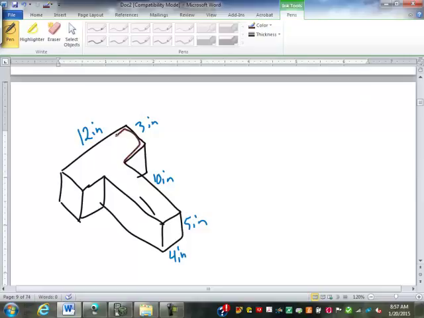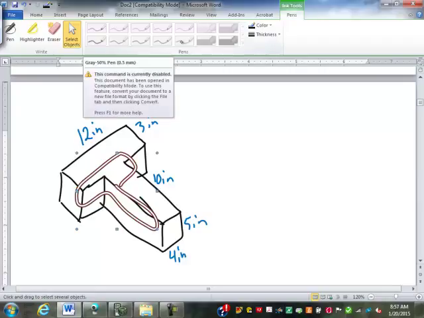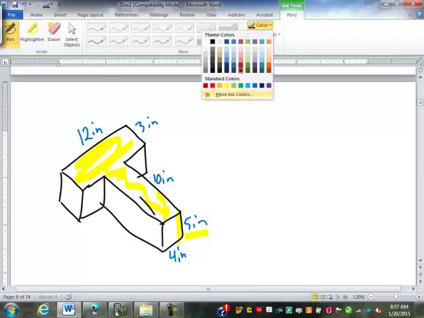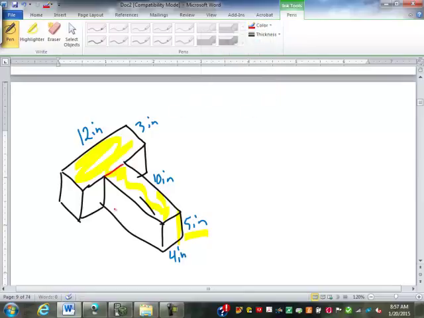Well, it's pretty obvious that this T shape here is what it's based off of, because that was the area that we moved up and down to create that object. So we need to find the area of that T shape, and we'll multiply by that height or thickness of 5 inches. So to find that area, we're just going to cut it across here.